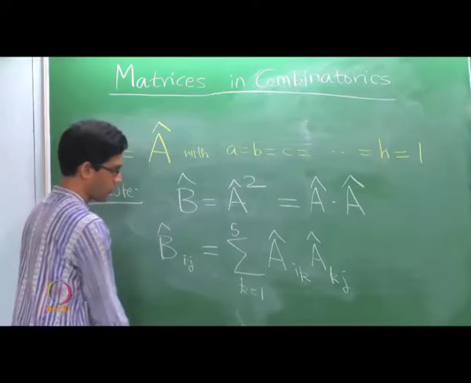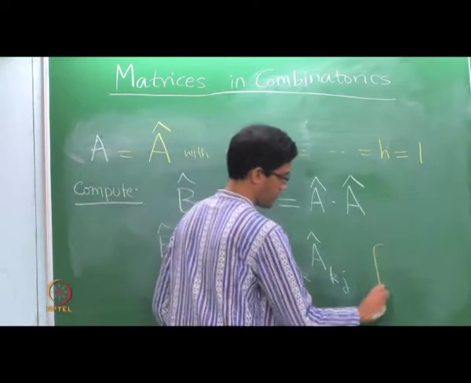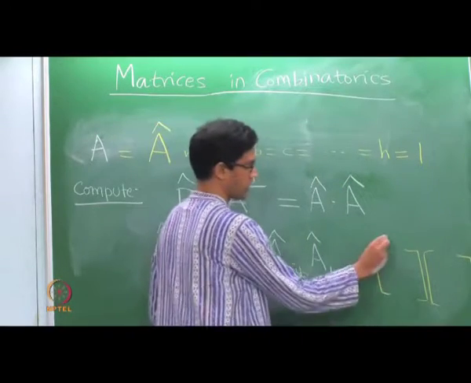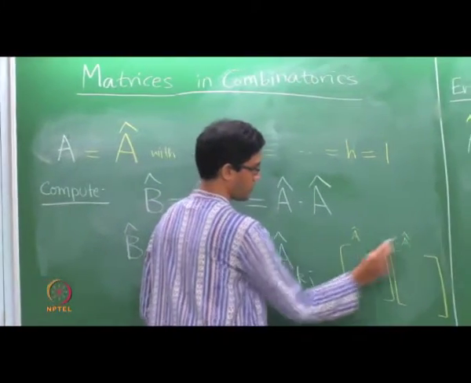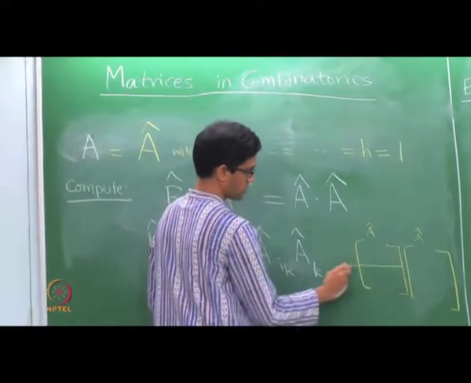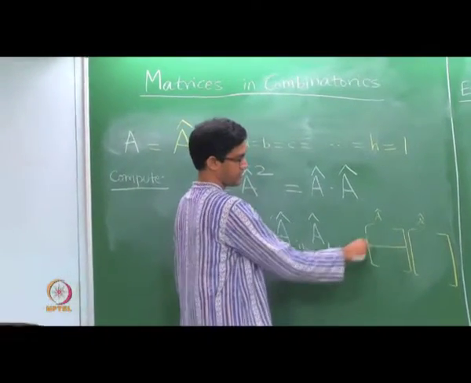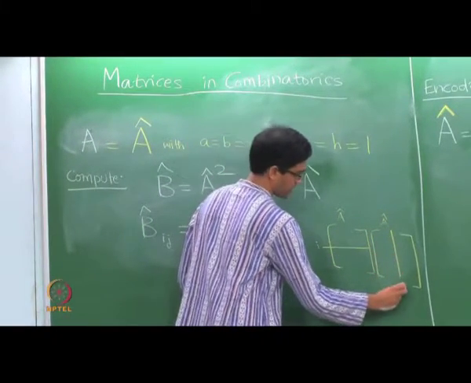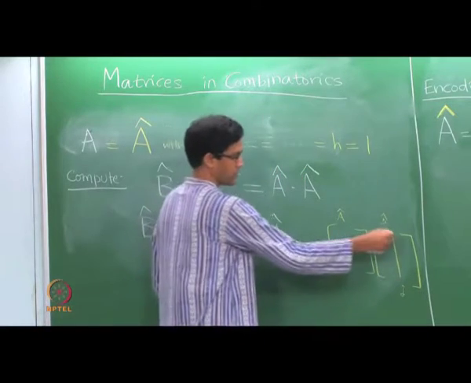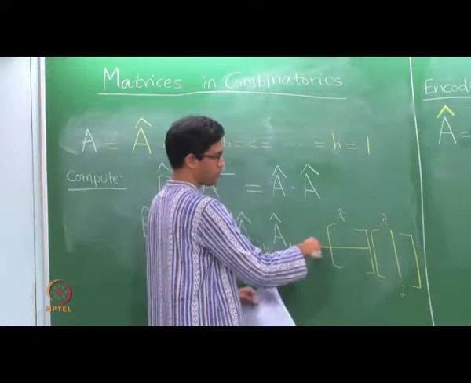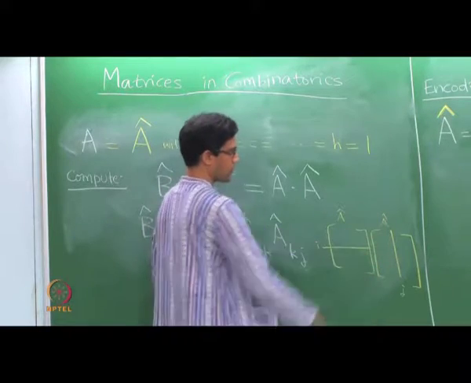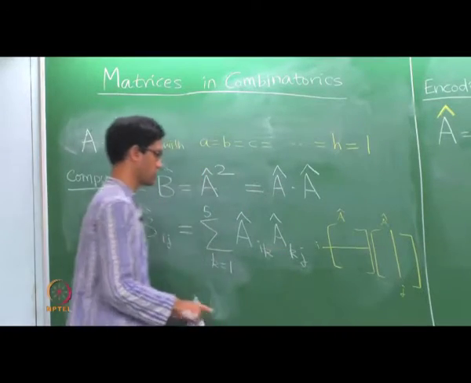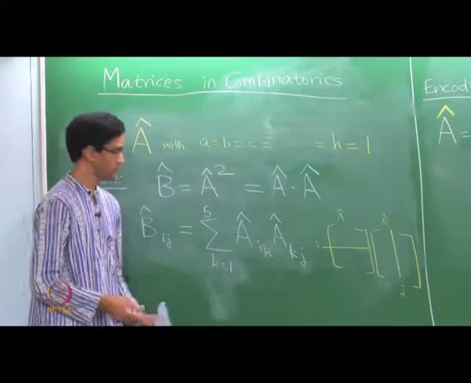Pictorially, you write down A hat next to itself. This is the ith row of A hat, and you pair it up with the jth column of A hat, multiply the entries out in pairs and add all the answers. So that's the same thing written out in this fashion.